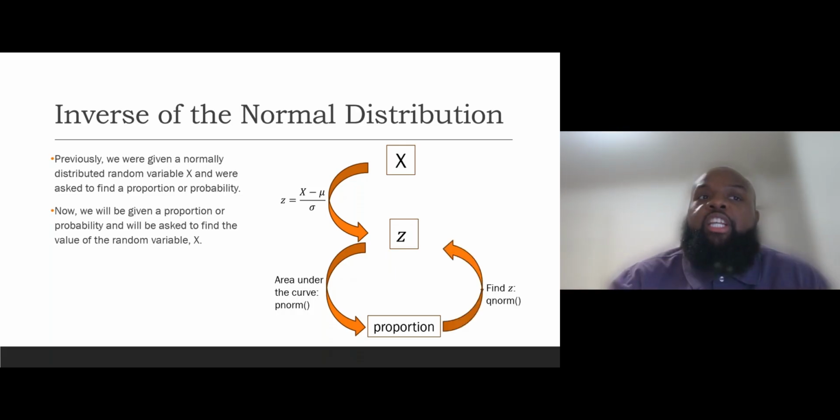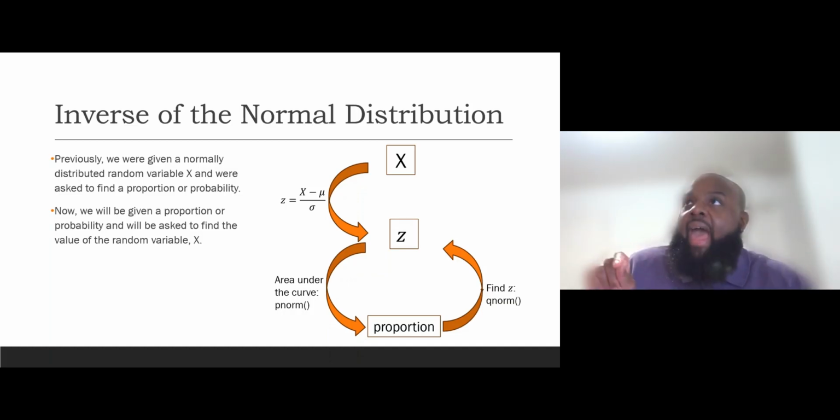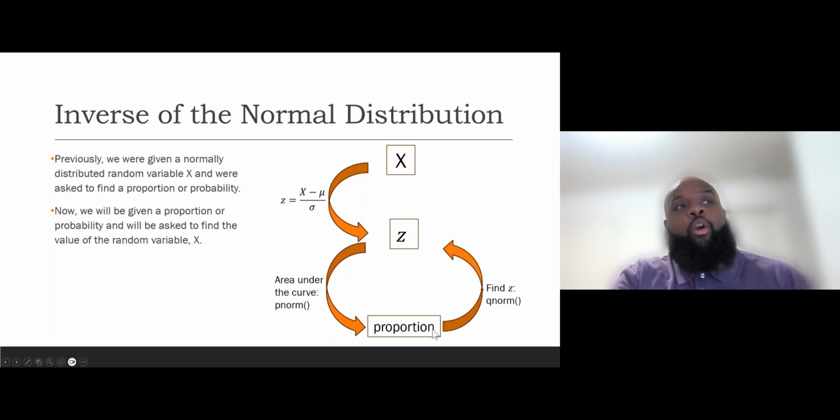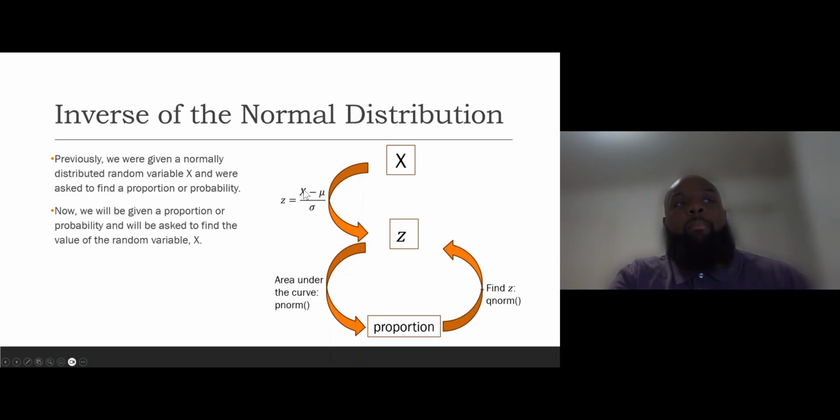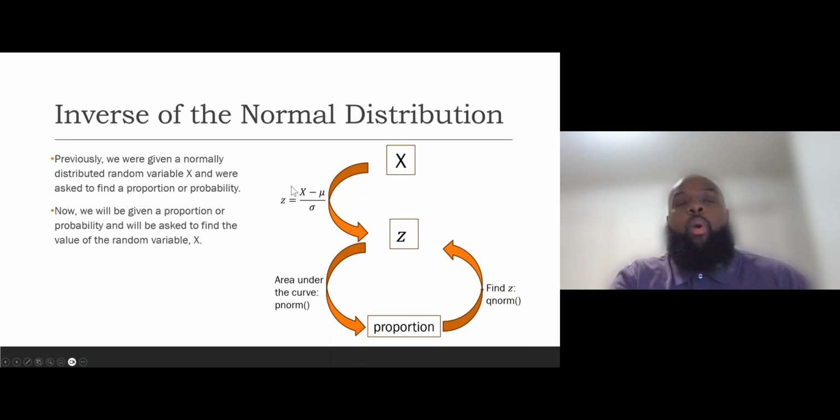That function is known as our q-norm function. It's going to take a proportion or a probability back to being a z. And since we have this formula here that relates x and z, we can basically just solve this equation for x, and we have another formula to convert our z back to x, right?